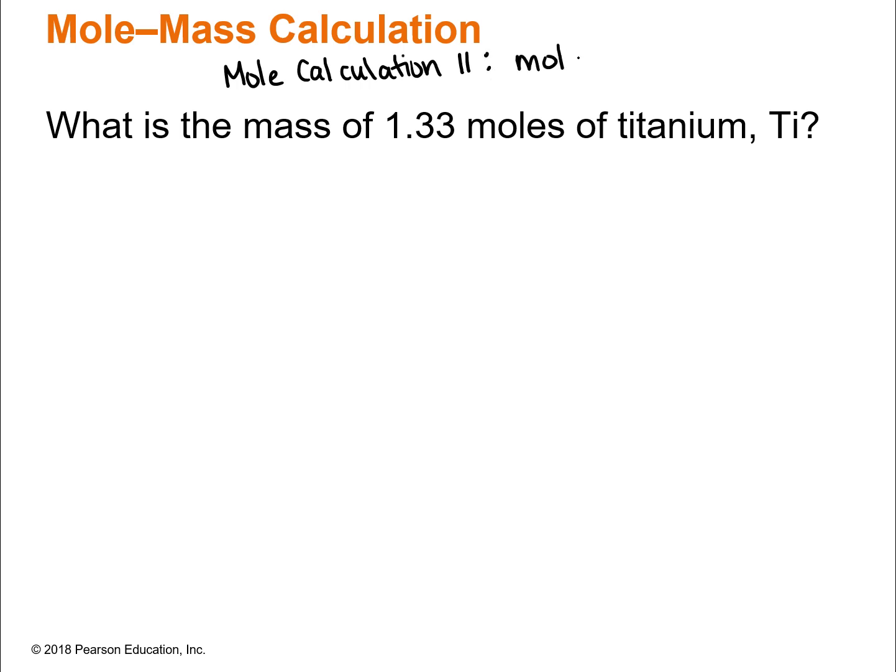We've got moles to mass. Let's highlight what we have in the question. The number that we have is the number of moles of titanium, 1.33. We're asked for the mass. That just means the number of grams.